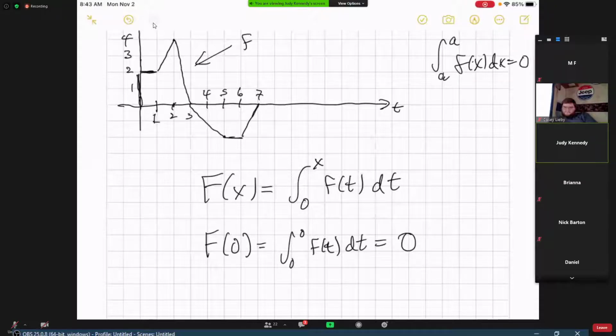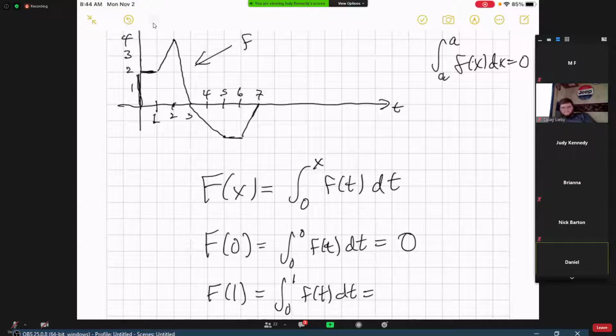What's F of 1 equal to? There's one right there. Okay. Is it 1?